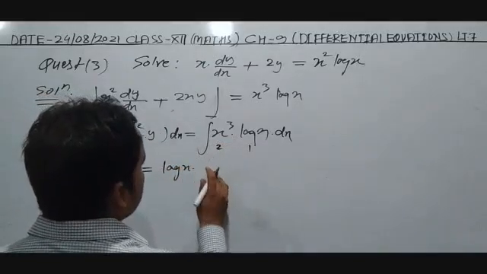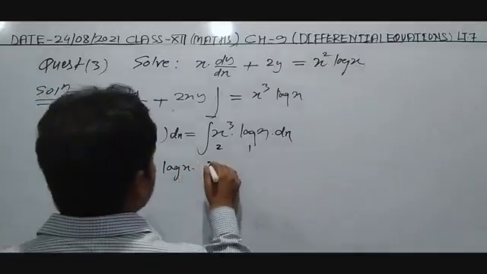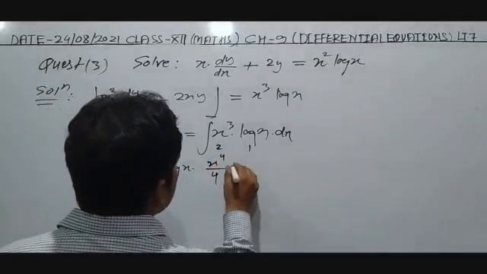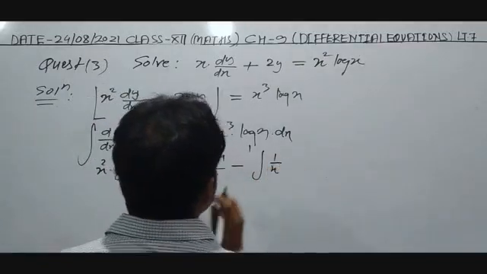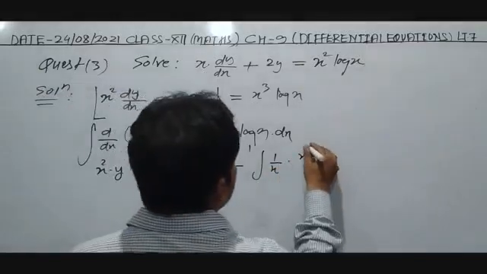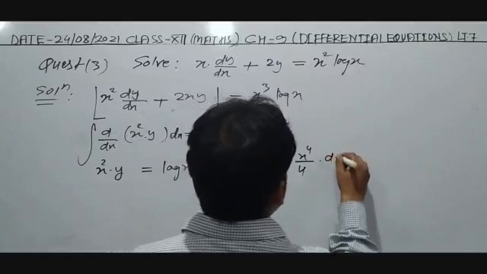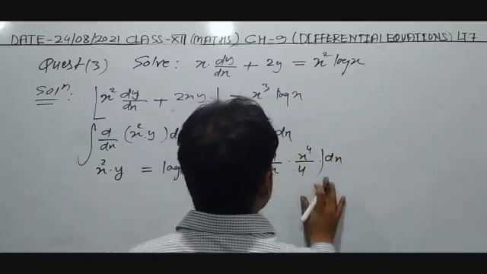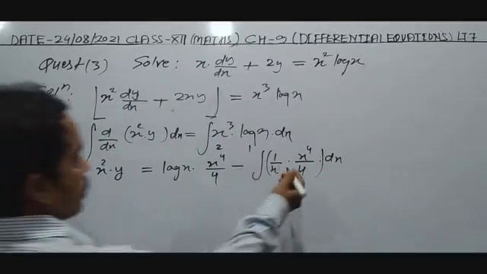First function times integration of second function, which is x to the power 4 by 4, minus integration of d by dx of the first function, which is 1 by x, times x to the power 4 by 4, dx. Now this result will be x cube by 4.